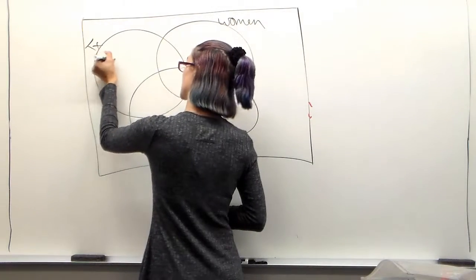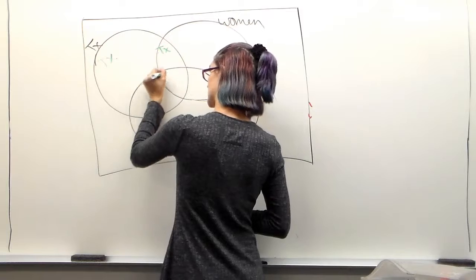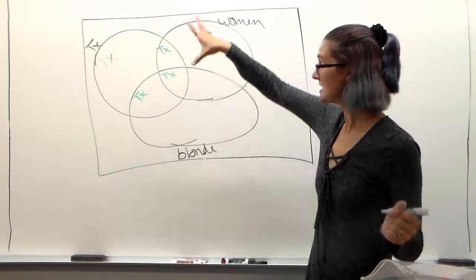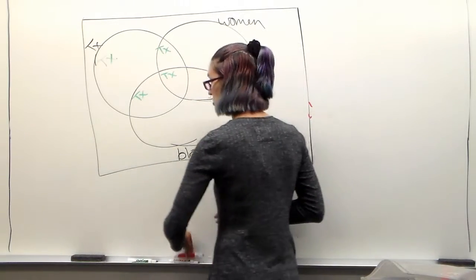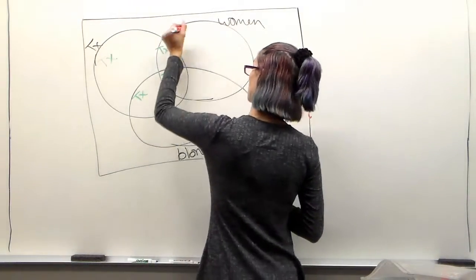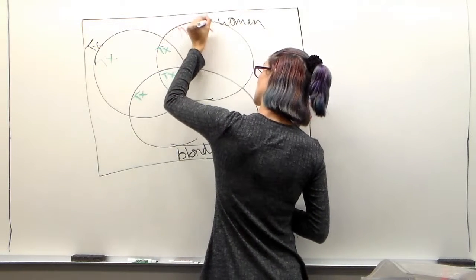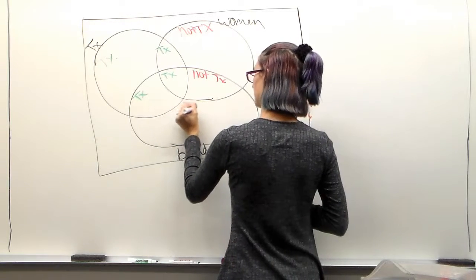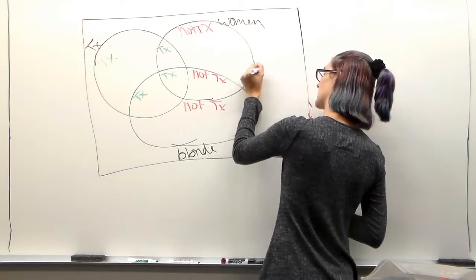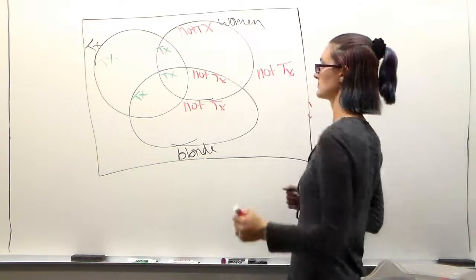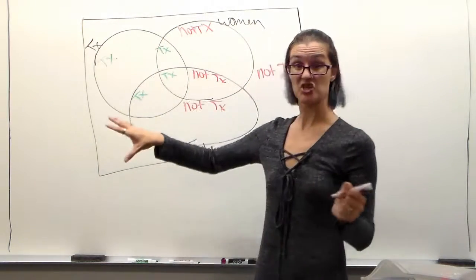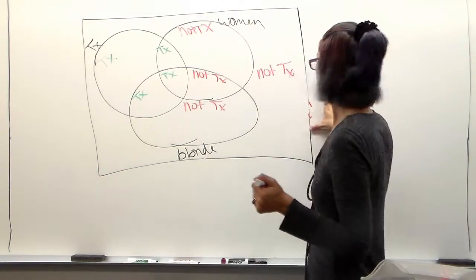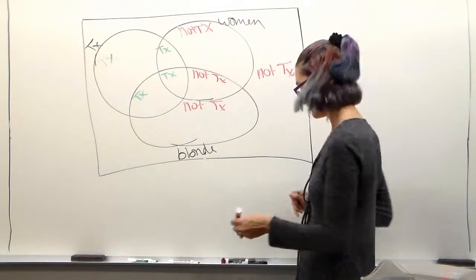So I'm going to say, okay, we have Texan, Texan, Texan, and Texan. All right, everything inside that circle is Texan, which means everything outside that circle is not Texan, including the very outside. Okay, I have Texas written 8 times. 1, 2, 3, 4, 5, 6, 7, 8. Every piece should refer to that initial circle.